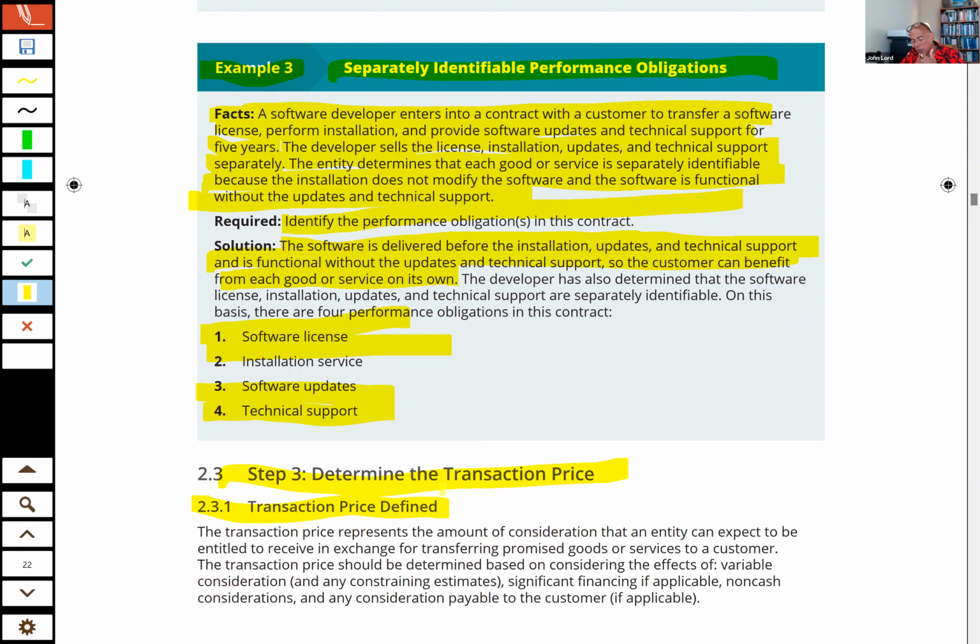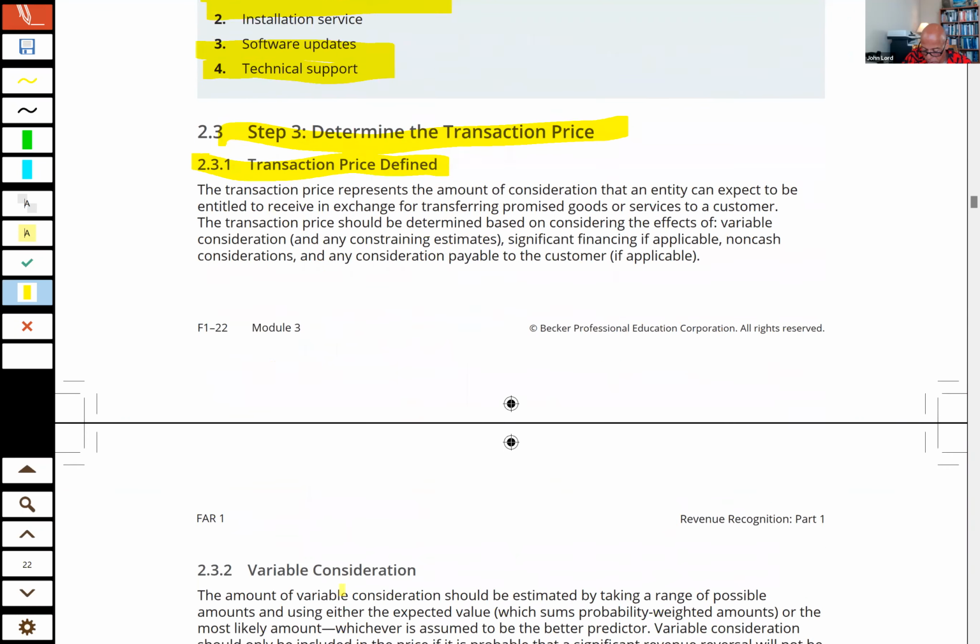But if we have several performance obligations, we'll have to allocate it amongst those different performance obligations. So when you take a look at the transaction price, okay, I turned my page too soon. I didn't have anything I wanted to highlight there. So let's just take a look.